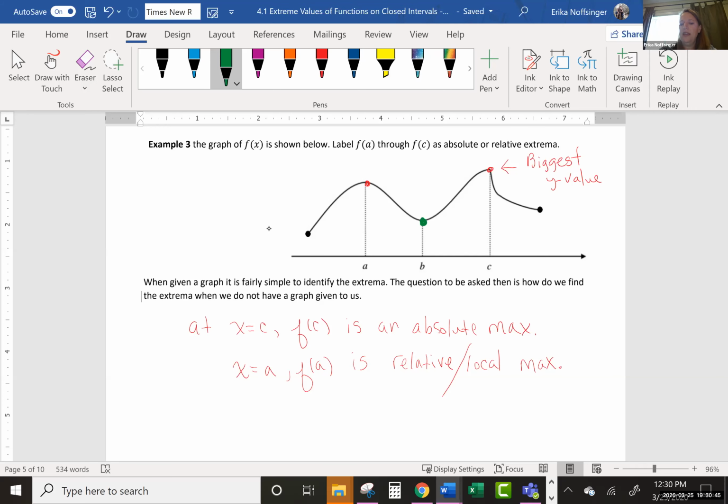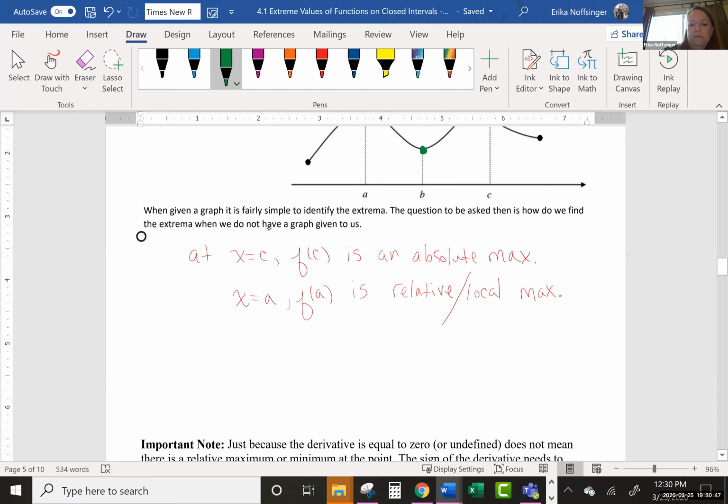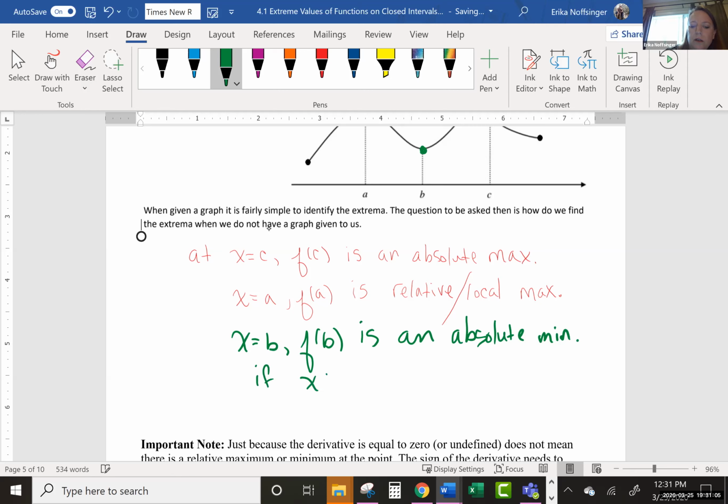So f of b is the smallest value on there, absolute min. I'm just going to put the case that x is only contained between the interval a and c.